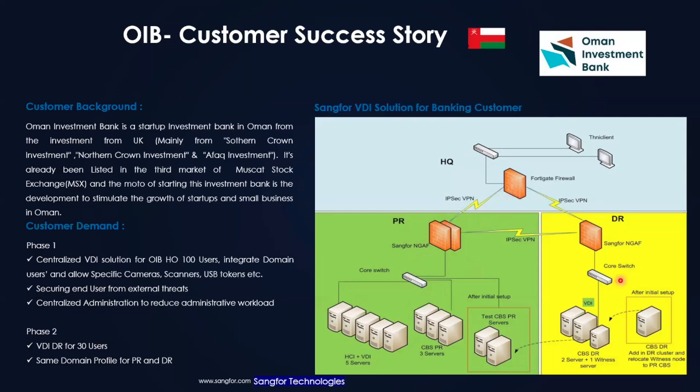In phase two, they purchased a VDI solution for 30 more users in DR as well, and they increased the user count from 100 to 120 in PR, and are increasing it as they onboard new employees.